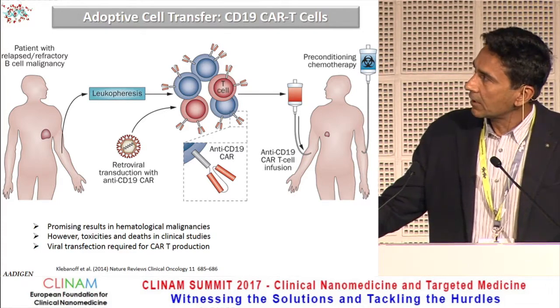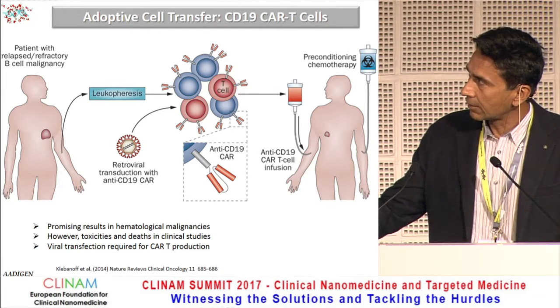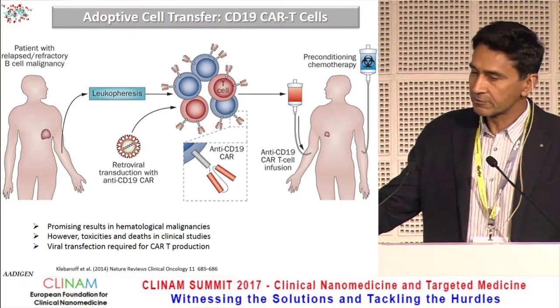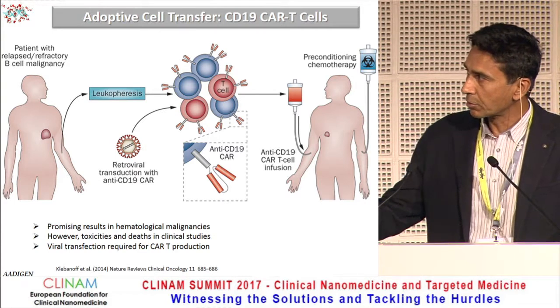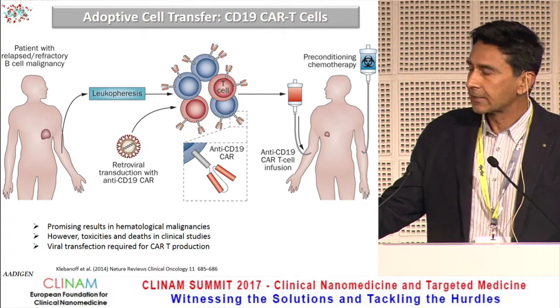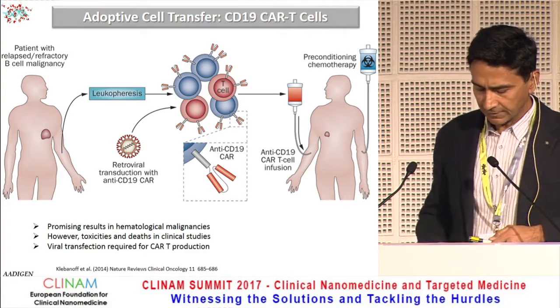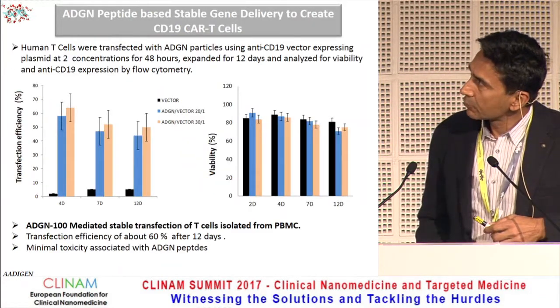One is you need a retroviral vector to create the receptor, the CD19 CAR, and maybe that has some effects down the road in terms of retreatment or immune response, etc. We don't know, but that's a potential limitation. And so here we're trying to do the same thing, but without a viral vector, so using the peptide. And we're able to do that.